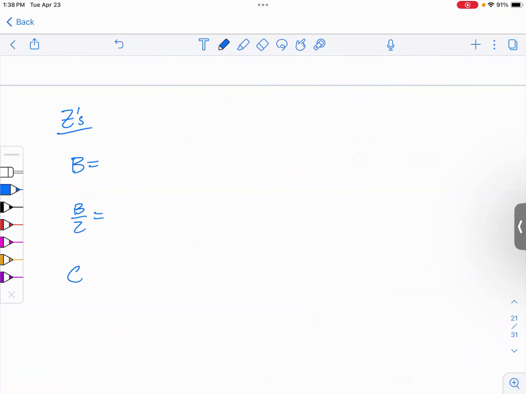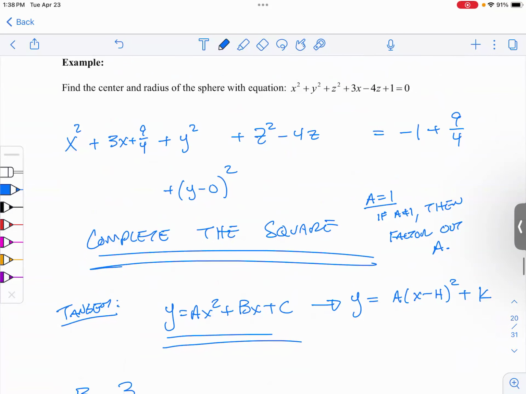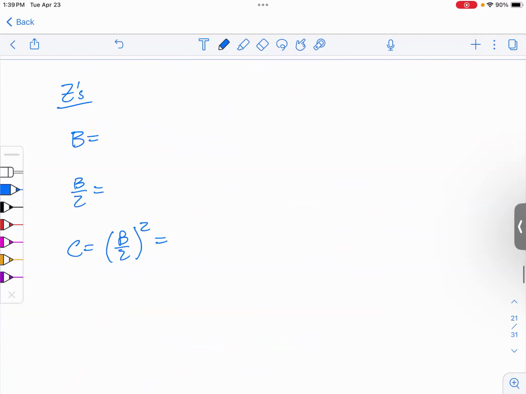And we start that process again. So, a equals 1, check. What's the b term? -4. Make sure you pick up that sign. So -4, -4/2, which is -2, and -2 squared, which is 4.